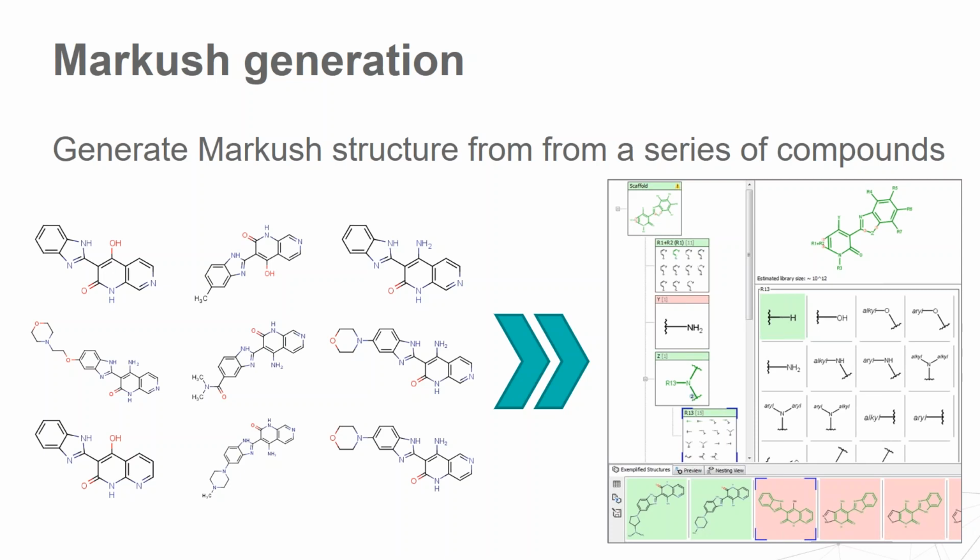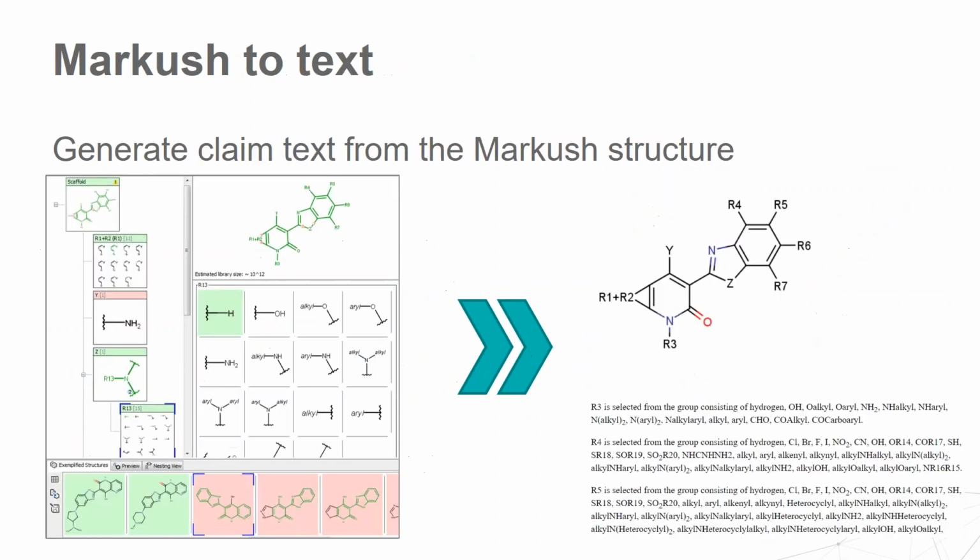So finally, you get a very nice representation of your claim. However, this is a form of structure, so this is not really useful for patent drafting. However, we have a solution for that.